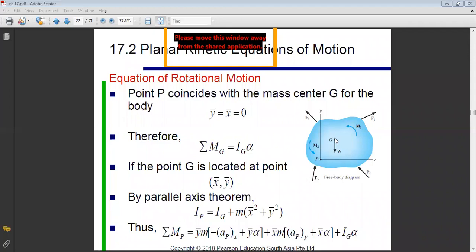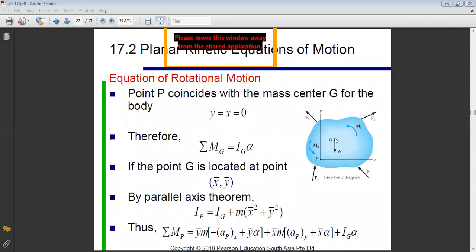Okay? So in this case, if I go back to my relation, I will replace Ip alpha by Ig alpha plus m times x bar squared plus y bar squared. Okay?